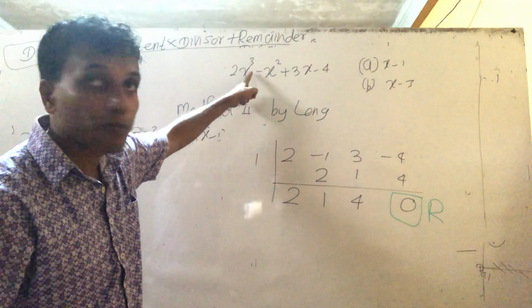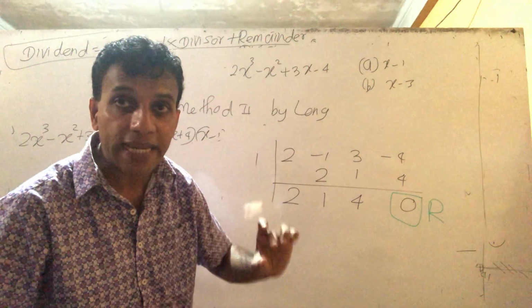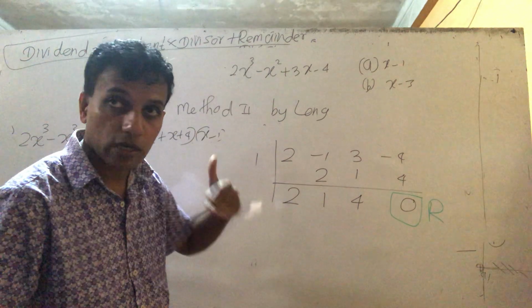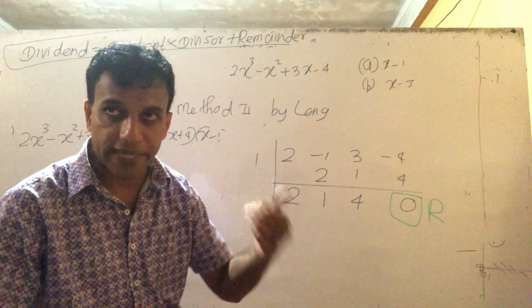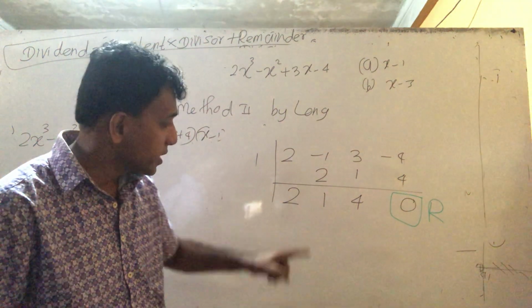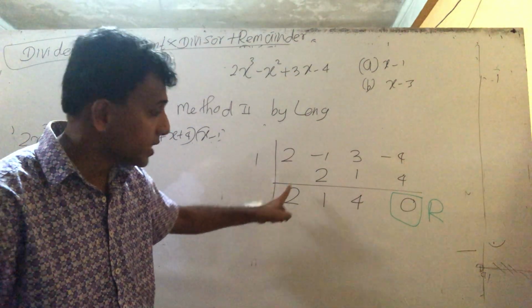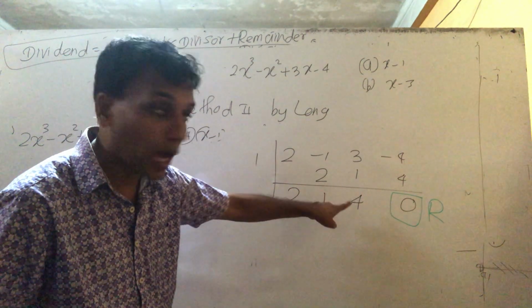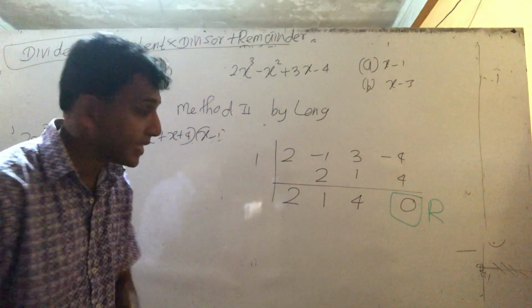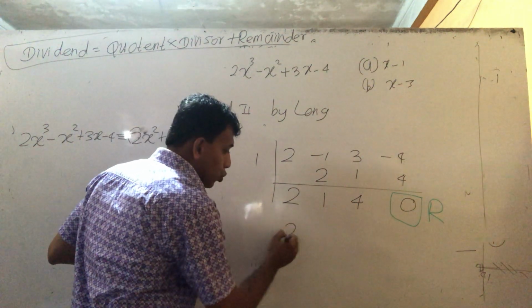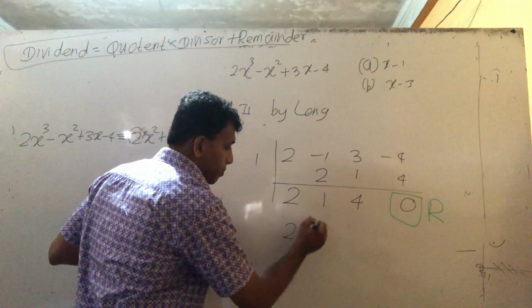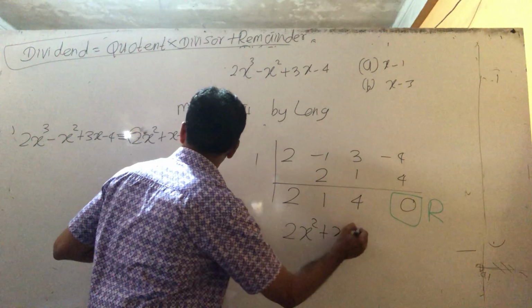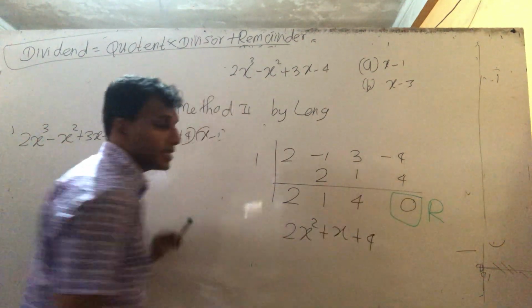So if a cubic polynomial is divided by a linear factor, the quotient is quadratic. This is the x square coefficient, this is the x coefficient, this is the number coefficient. Therefore, the answer is 2x square plus 1x plus 4, right? And the balance is 0.